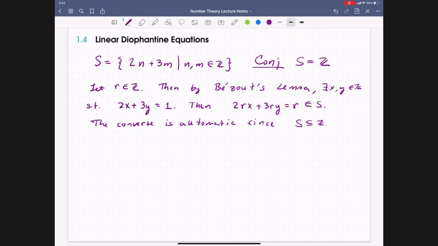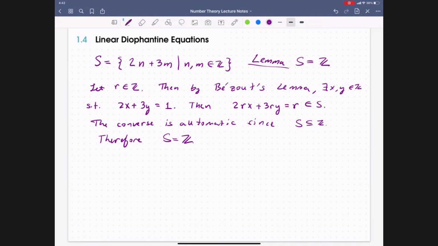And so now we have shown that Z is in S. So we now have the proof. So S is in fact equal to Z, and this is now promoted from conjecture to, it's not big enough to be a theorem, so let's call it a lemma.